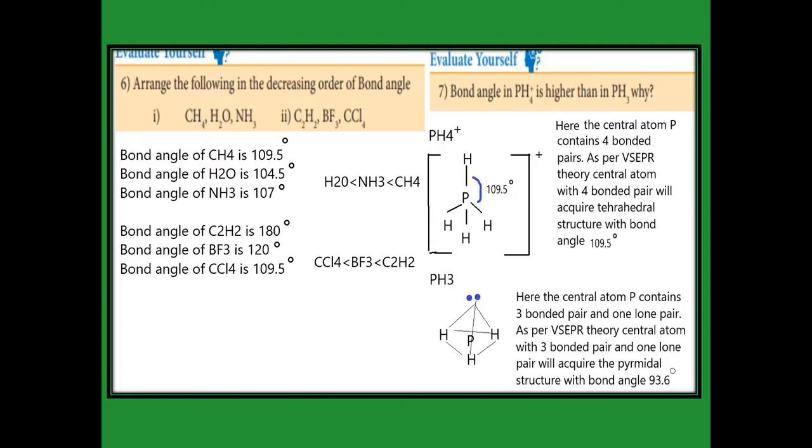And in phosphine, around the phosphorus we have 3 bonded pairs with hydrogen and 1 lone pair. Based on VSEPR theory, the lone pair has more repulsion than the bonded pair, so the bond angle is 93.6 degrees. So which bond angle is greater? PH4+ is greater compared to phosphine.